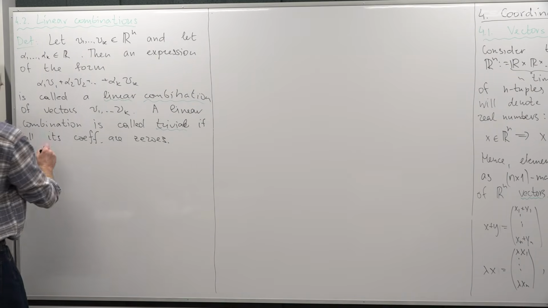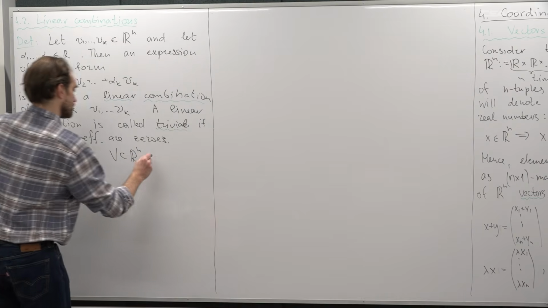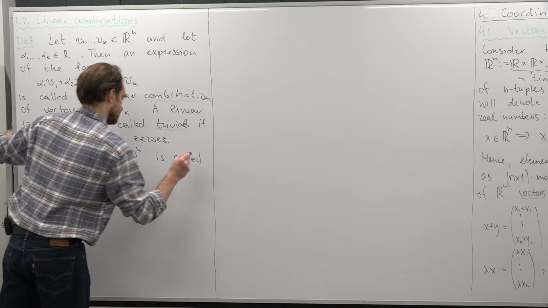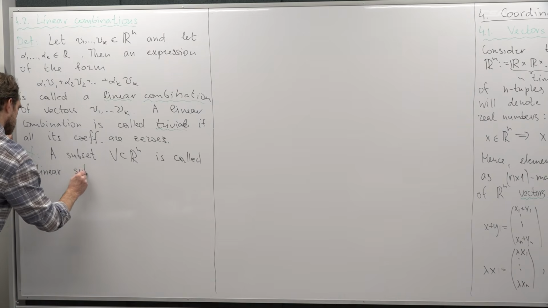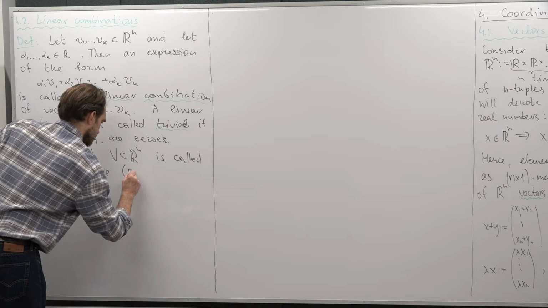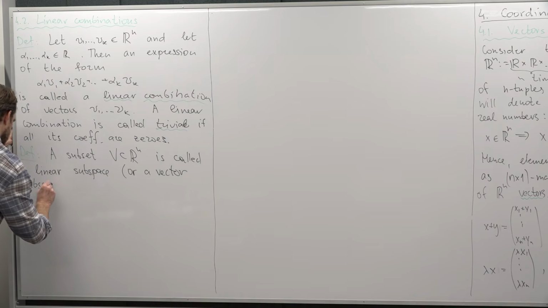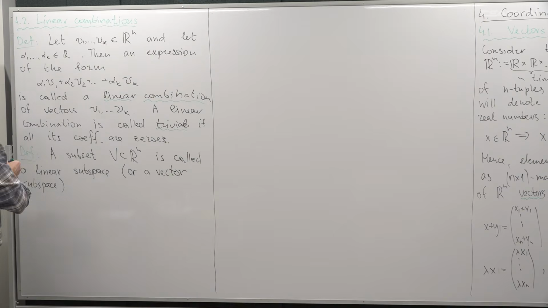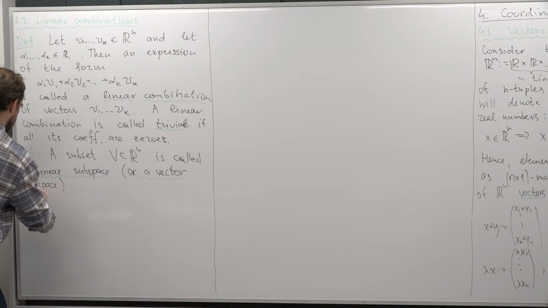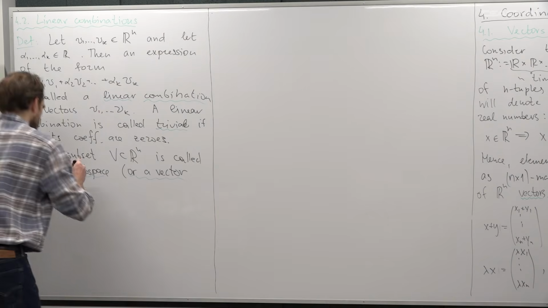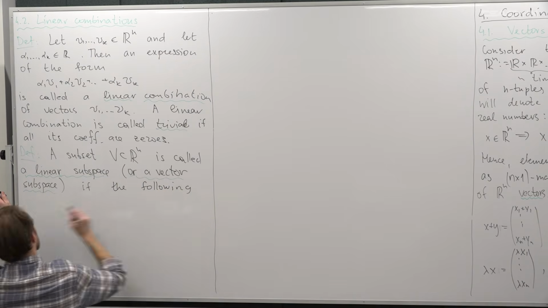A subset V in R to the n is called a linear subspace or a vector subspace if the following properties are satisfied.